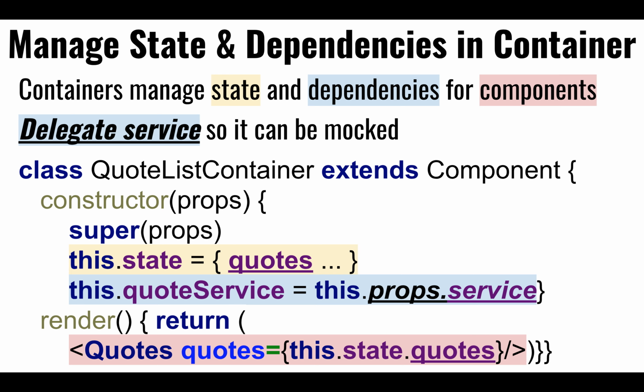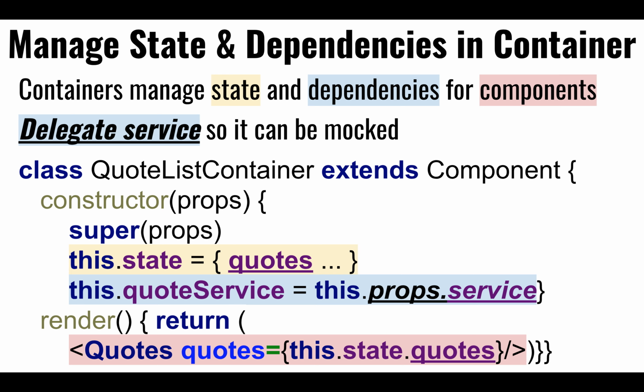Notice here that basically what we did is that we moved all the implementation of maintaining the state into our component here. All the event handlers are also living in this container.